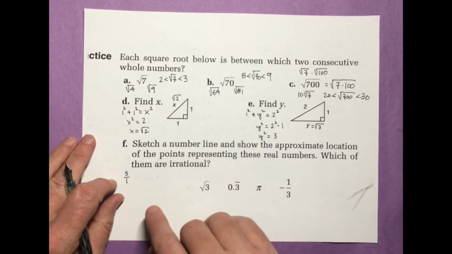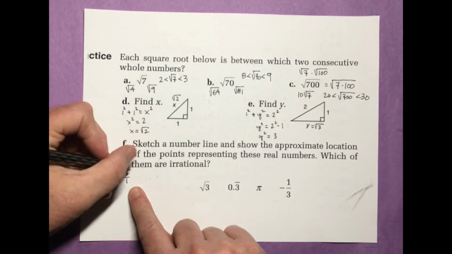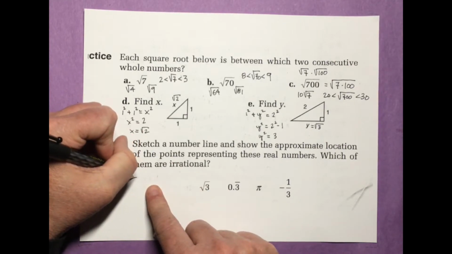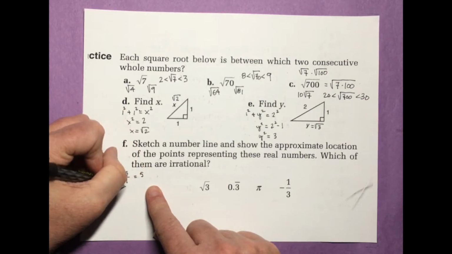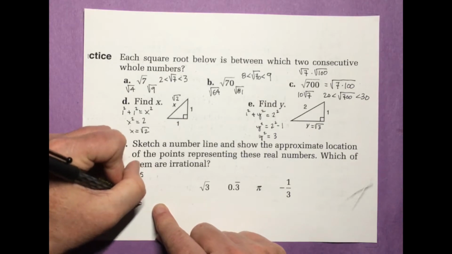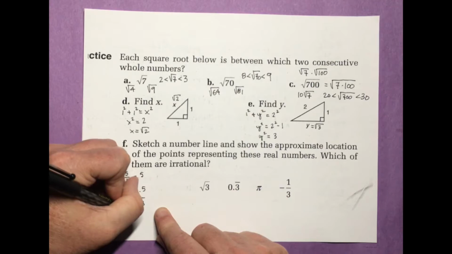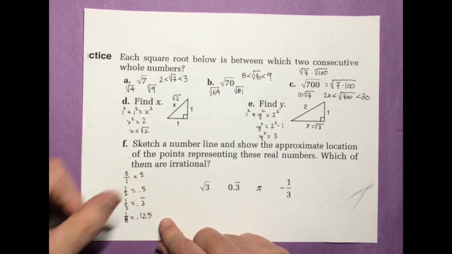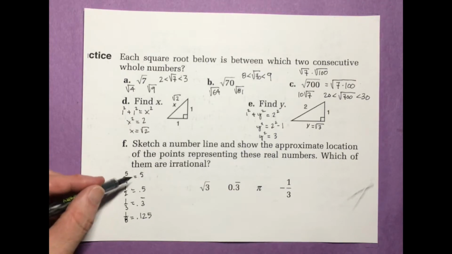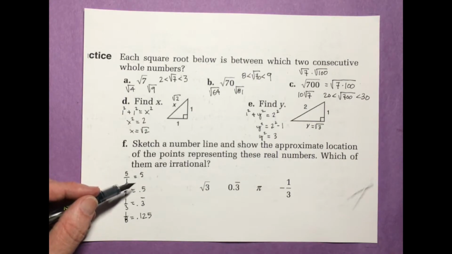Now, another way to represent a rational number is to say that if I have a fraction and I convert the fraction to a decimal, 5 over 1 is just 5. 1/2 is 0.5. 1/3, for instance, is 0.3 repeating. Let's do 1/8. That's equal to 0.125. If I take a fraction and convert it to a decimal, one of two things must happen.